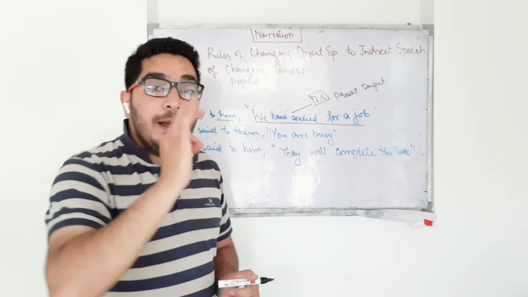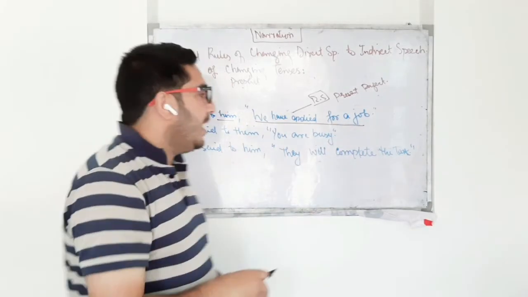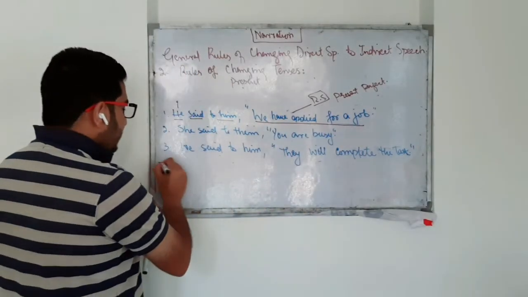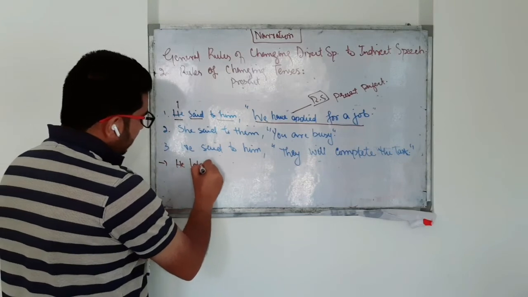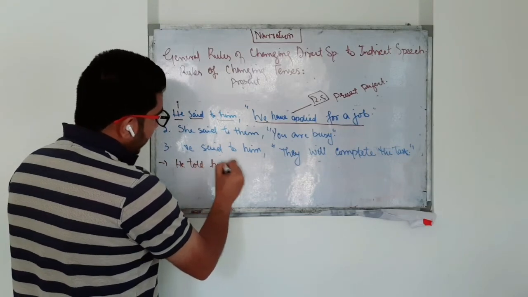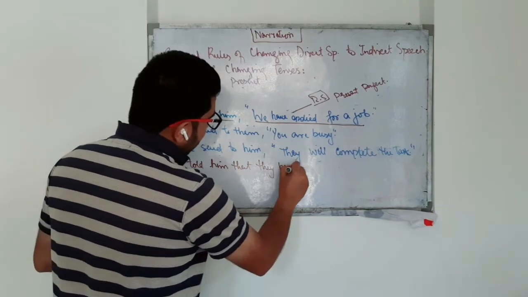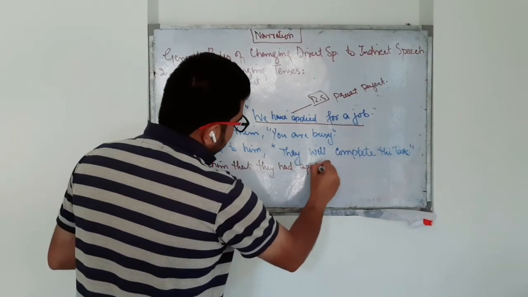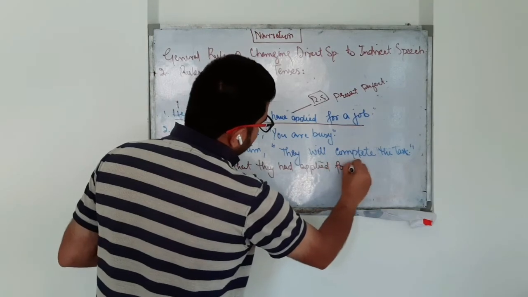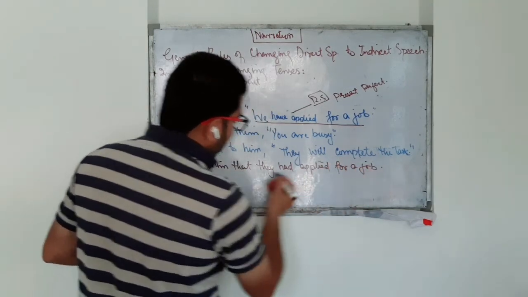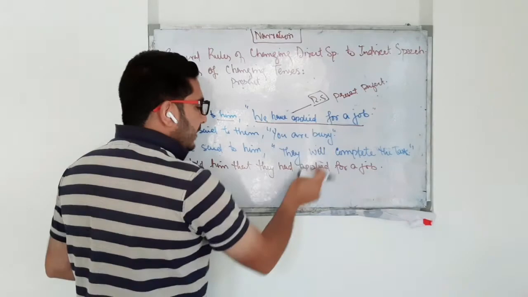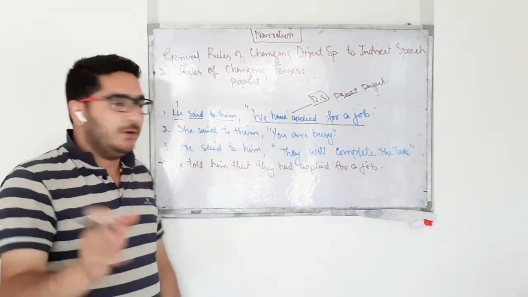If you remember, present perfect is changed into past perfect. See, we'll write: he told him that they had applied for a job. So this is present perfect and it is changed into past perfect.